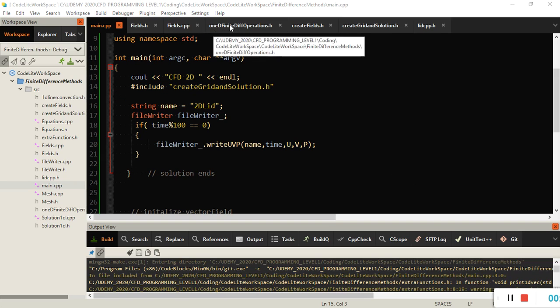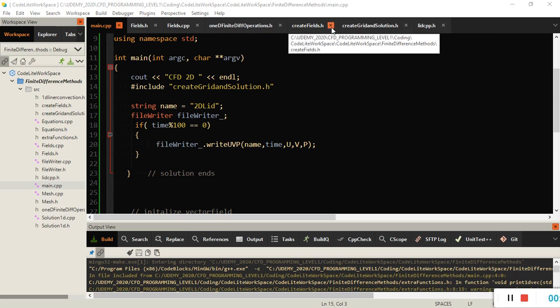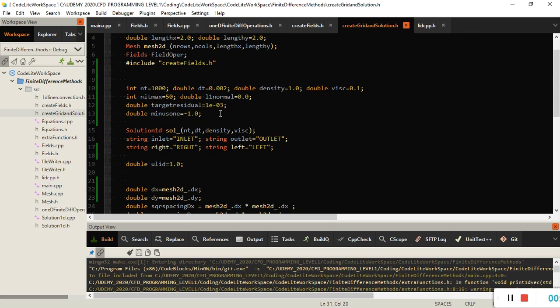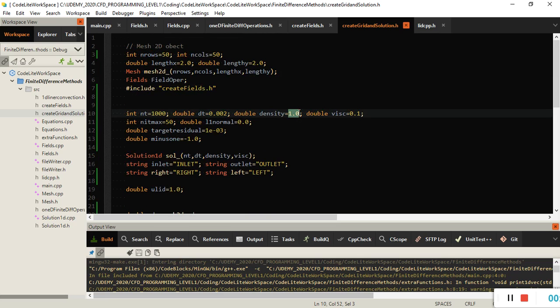Okay, so I've also included some solution parameters saying that the solution will run for 1000 time steps, at a delta t value of 0.002, and the density will be simply 1.0, and the viscosity will be 0.1, and in every time step there will be 50 inner iterations.